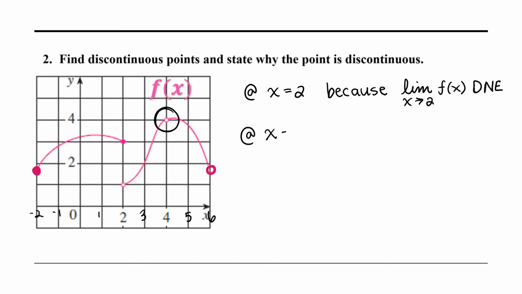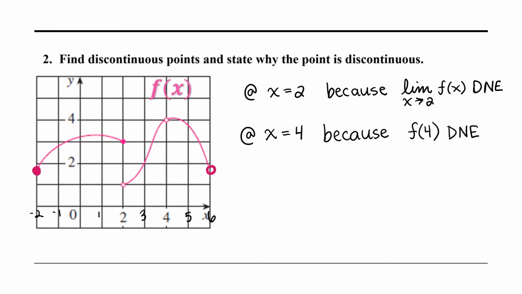And then scanning along my function again, I see another discontinuity at x is equal to 4 because I could either say that the limit and f of 4 are not equal, but even so, I can say that just f of 4 does not exist or is undefined because I only have an open circle, I don't have a closed circle.